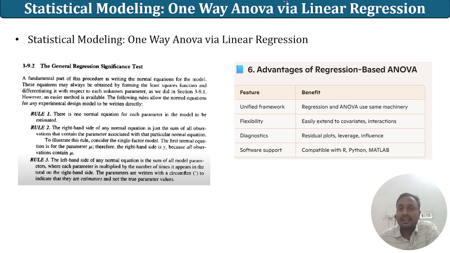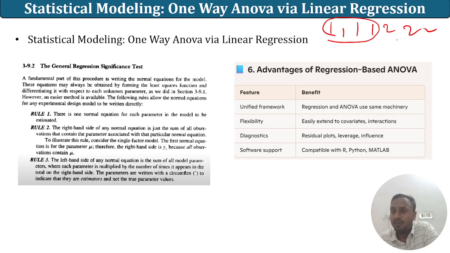In linear regression the column has 1, 1, 1, 2, 2, 2, 3, so there is a chance they will overshoot. So we categorize them into the first group, second group, third group, and then we can proceed. That's how we can make the ANOVA problem simpler and clearer.